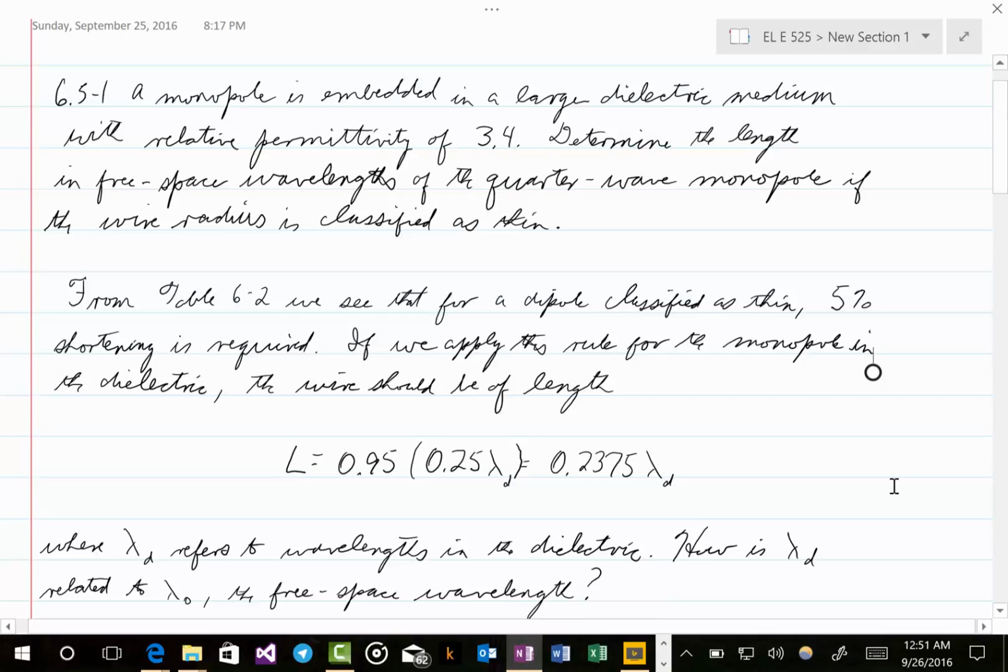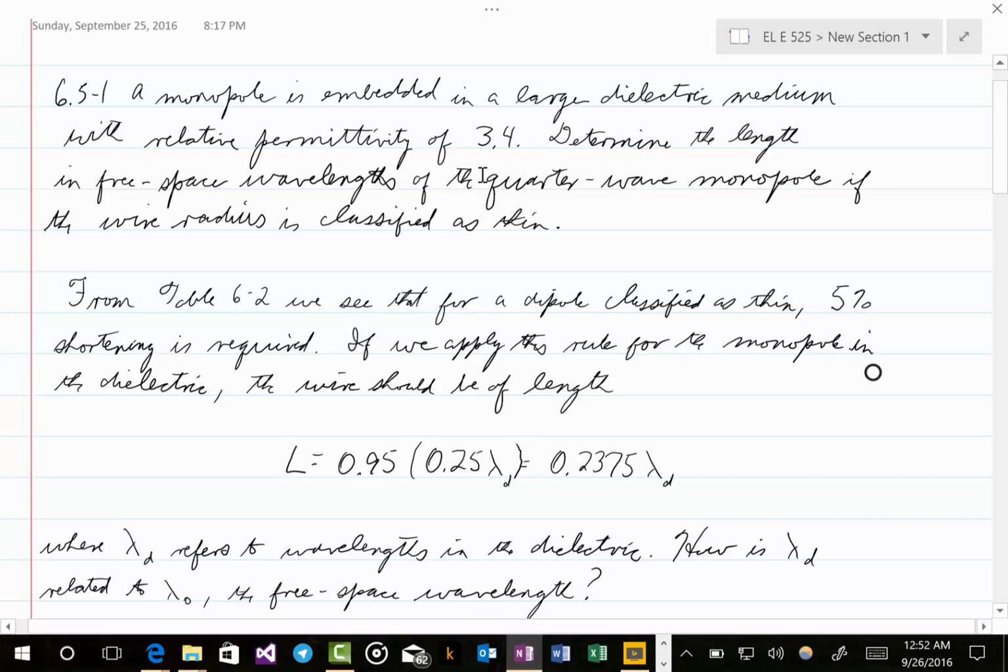So since the amount of shortening that is needed in this case is 5%, that means that we want the resulting length of the monopole to be 95% of what one would initially expect. Now, keep in mind that this is supposed to be a quarter wave monopole.